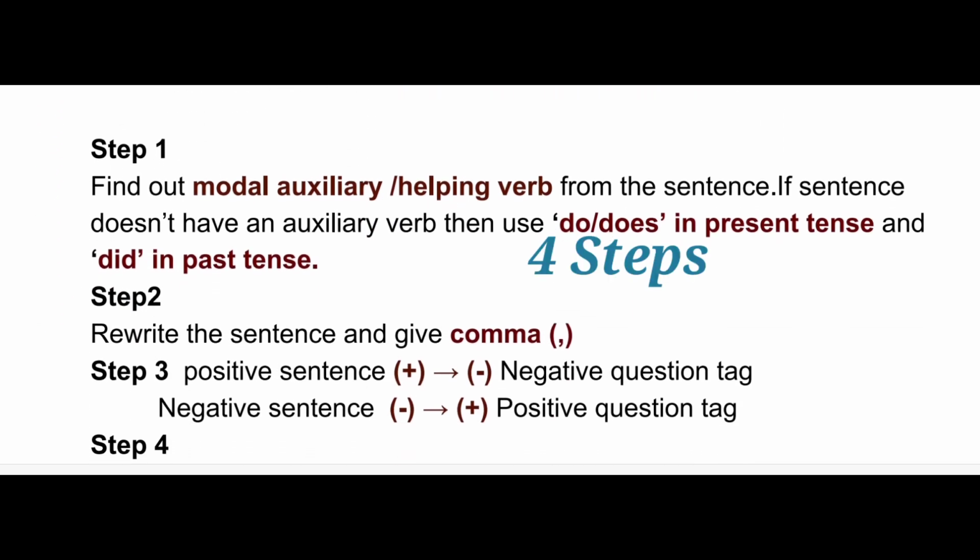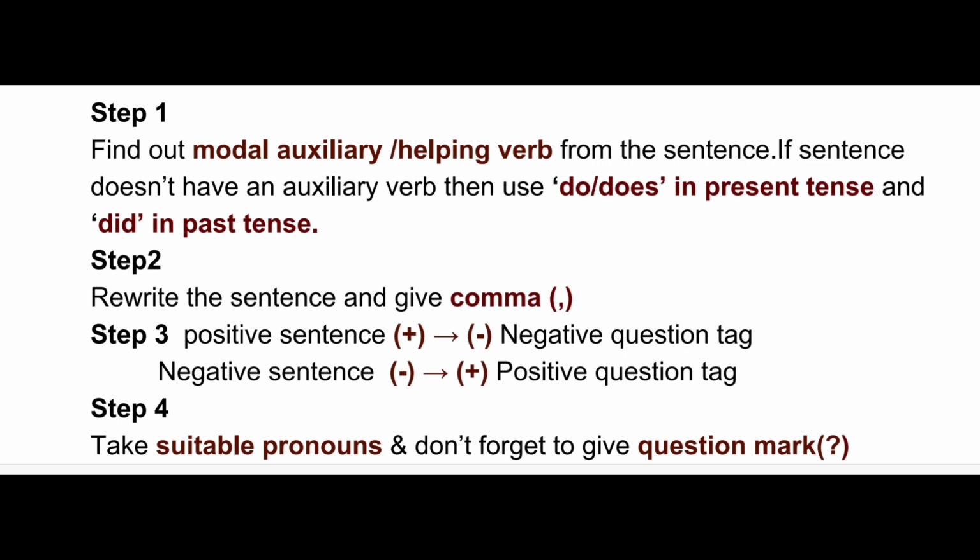Now there are only 4 steps. If you learn those 4 steps properly, you can solve any kind of question tag. Step number 1. In step 1, you find the modal auxiliary or helping verb from the sentence.